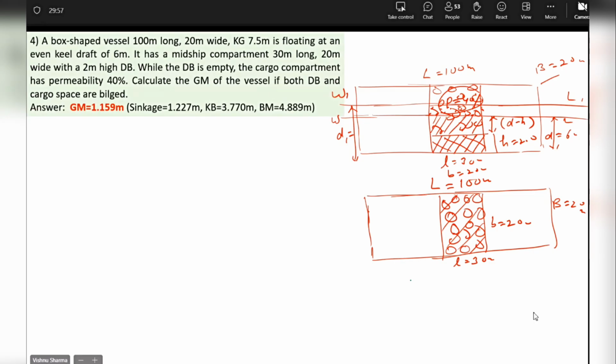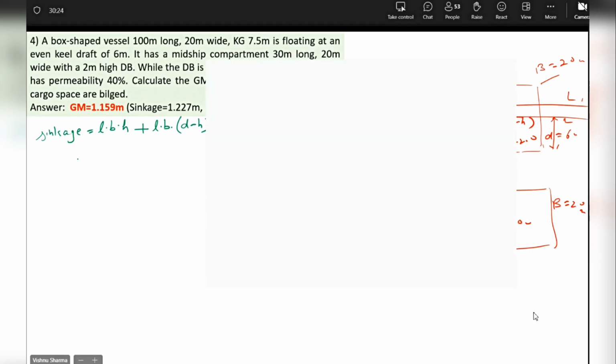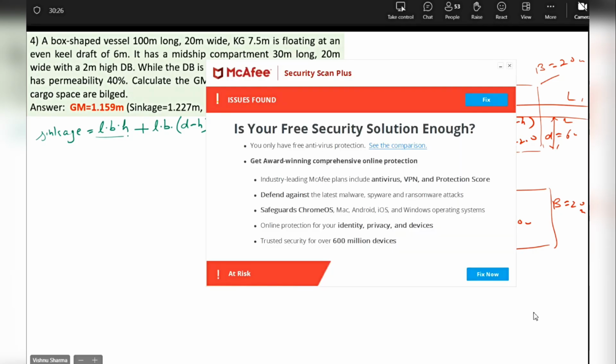Yes. Okay. Then sinkage will be equal to, let's run through, the buoyancy lost: full buoyancy, the full volume of the double bottom, so that is LBh, plus 40% of the volume up to the water line, that is LB(D minus h) into permeability, divided by the intact water plane.